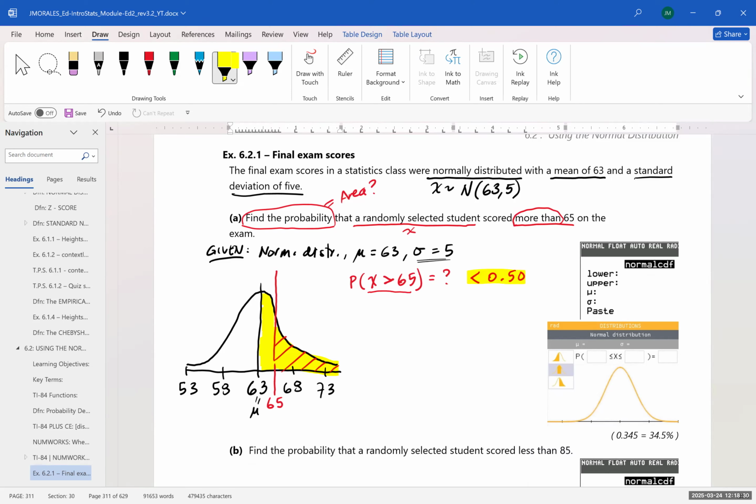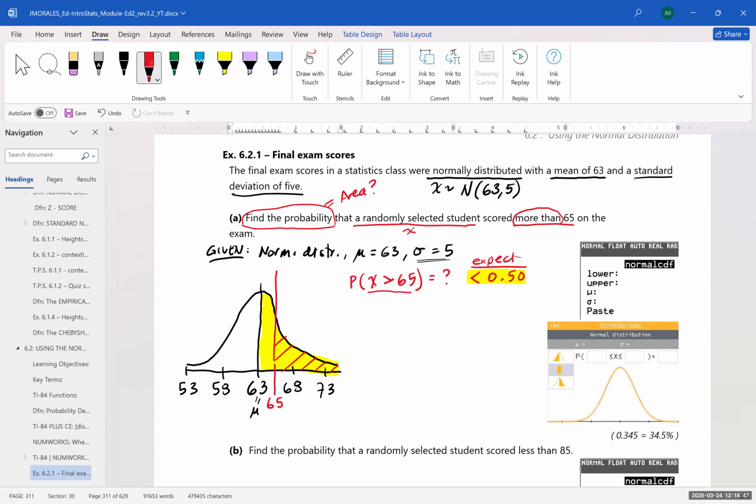That gives us a check: when we calculate our answer, we can see if it's less than 50%. Is it what we expect? So that serves as a helpful check.